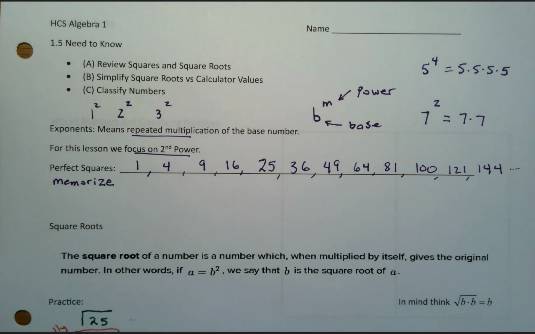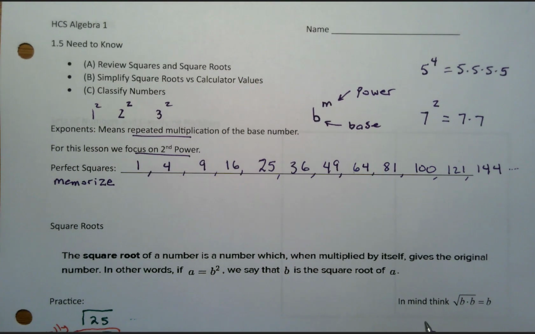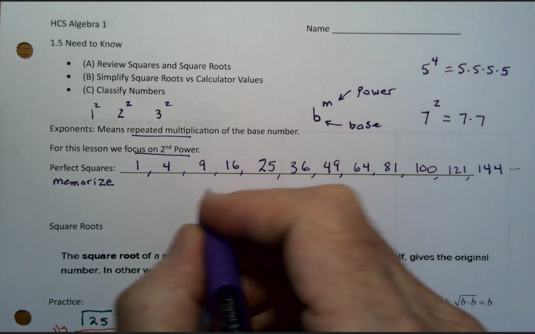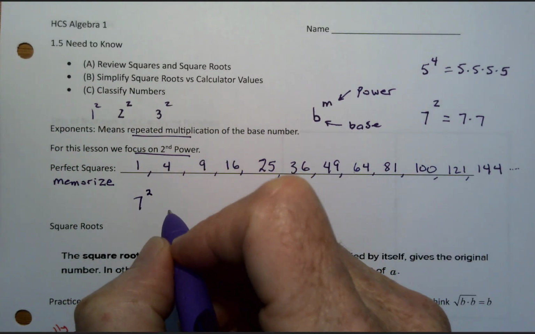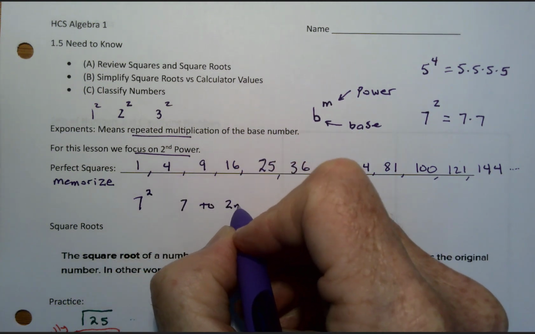And now, a couple of little insights into this discussion. Let's pick 7. 7 to the 2nd power. That's how we say that.